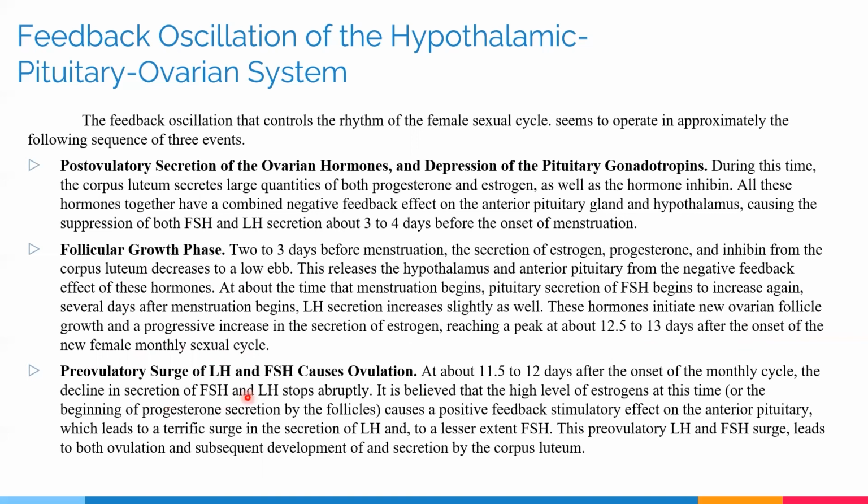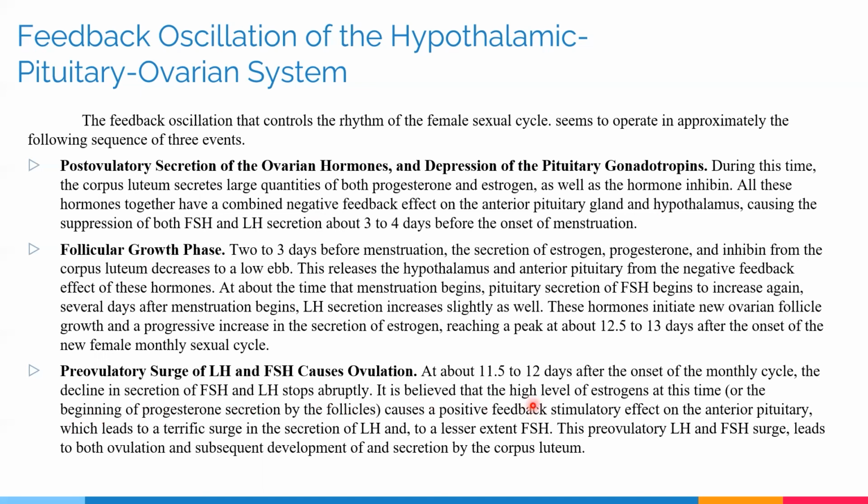Pre-ovulatory surge of LH and FSH causes ovulation. At about 11.5 to 12 days after the onset of the monthly cycle, the decline in secretion of FSH and LH stops abruptly.